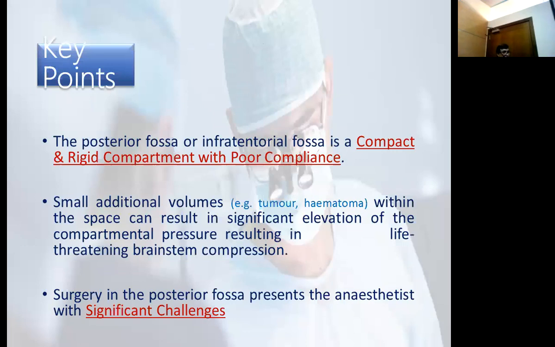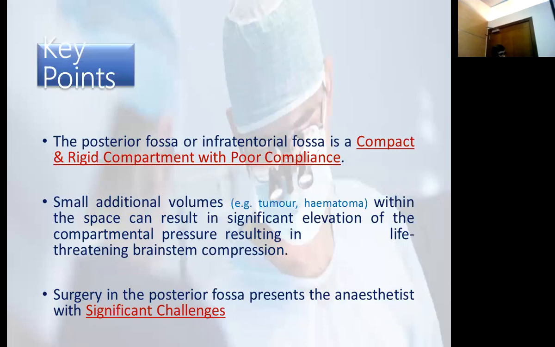From an anesthetic point of view, probably the most challenging anesthesia we faced during our list. We've done many cases with Dr. Ibrahim over a long time. And there are a few points to remember. The posterior fossa, or infratentorial fossa, is a compact, rigid compartment with very poor compliance, which is different from the brain.